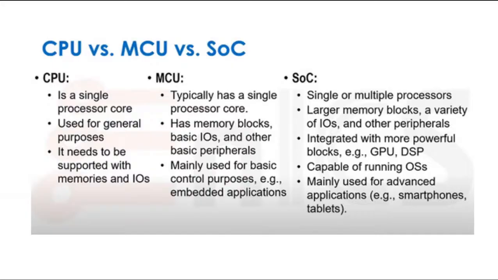A CPU, like a microprocessor, has only processor cores. It doesn't have any memory elements, counters, or DMA, direct memory access, inside the chip. The RAM and ROM memory elements are outside the chip.